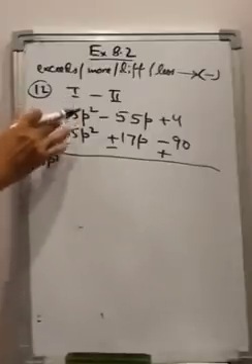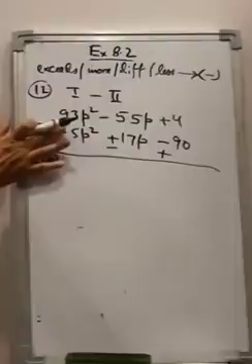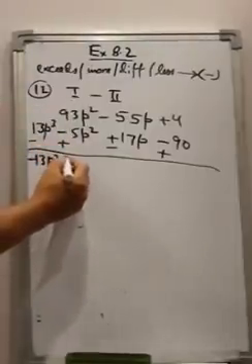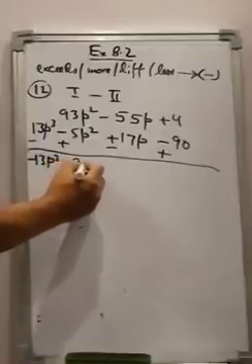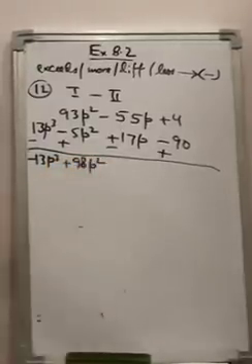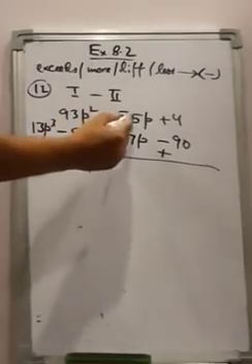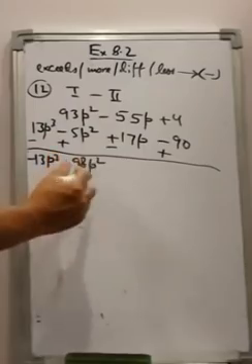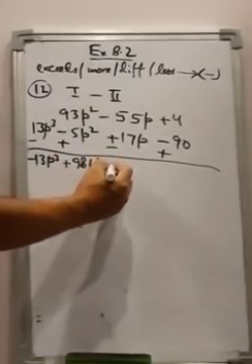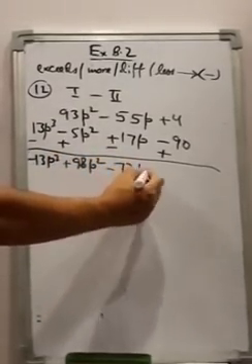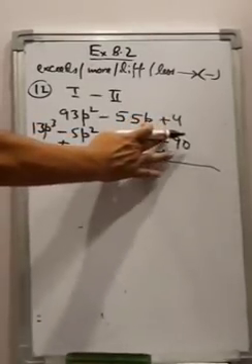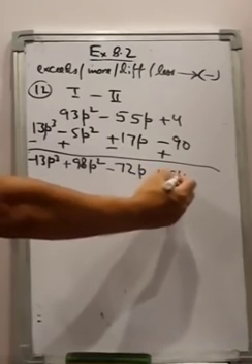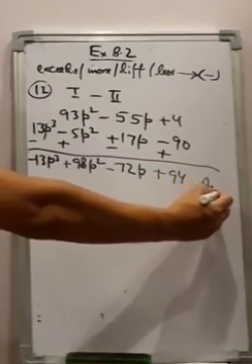Now this is 93, had this sign, the 93 plus 5 is 98. The 98p square, right? Now minus 55 had this sign, the minus 55 minus 17 is minus 72p. And plus 4 had this sign, the plus 4 plus 90 is plus 94. So this is simply the answer, right?